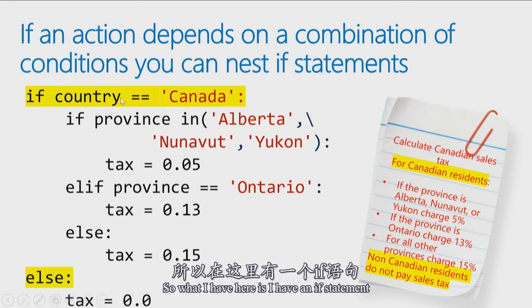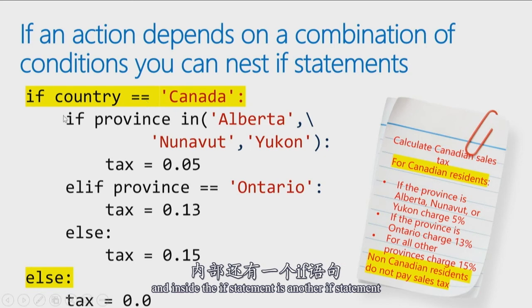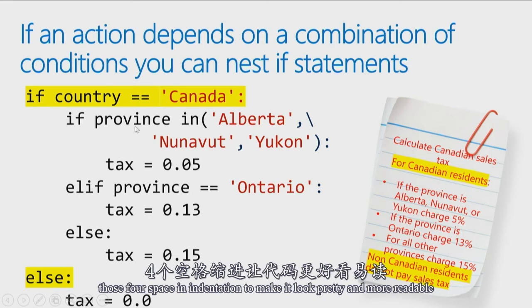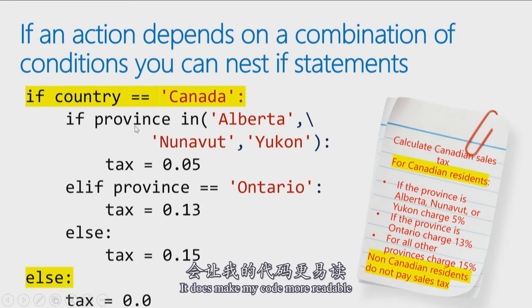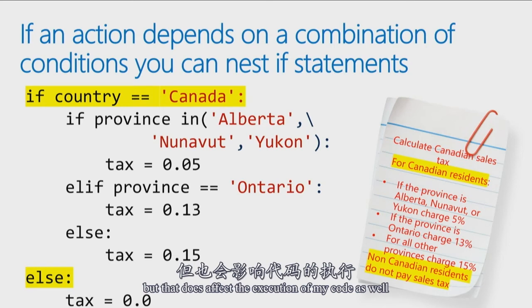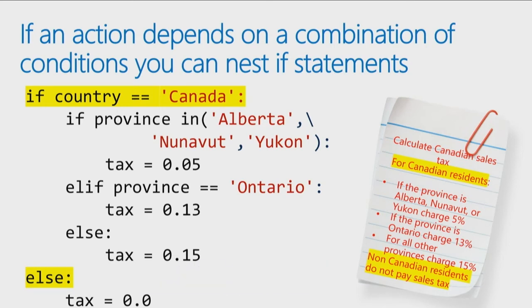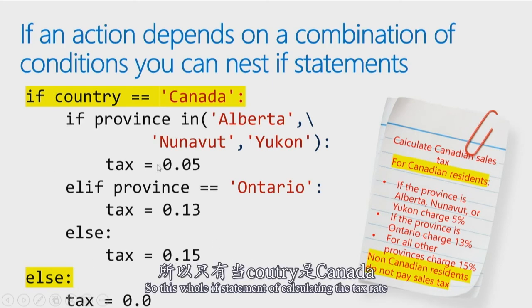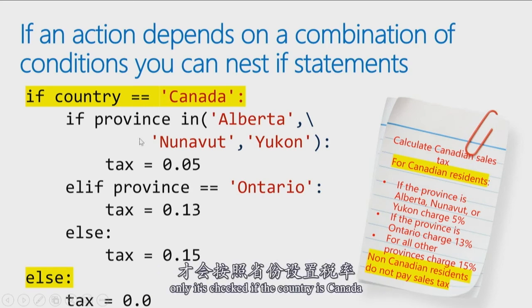So what I have here is I have an if statement, and inside the if statement is another if statement. Now, I'm not just making those 4 space indentations to make it look pretty and more readable. It does make my code more readable, but that does affect the execution of my code as well. Remember, whatever is inside or indented is only executed if that statement's true. So this whole if statement of calculating the tax rate only is checked if the country is Canada.